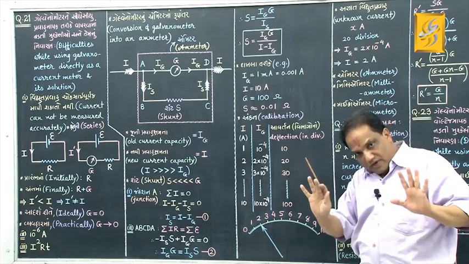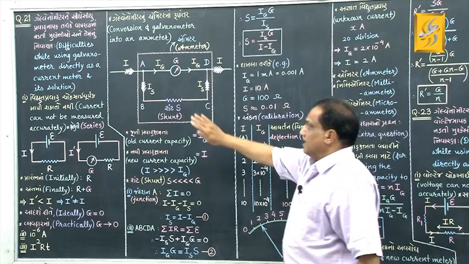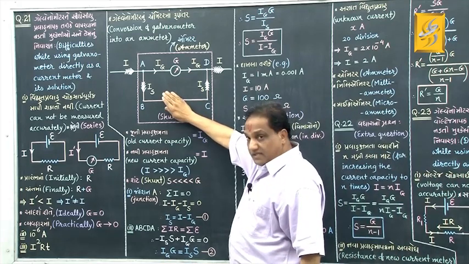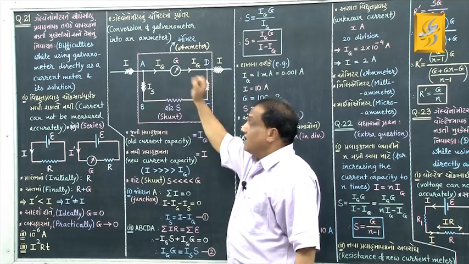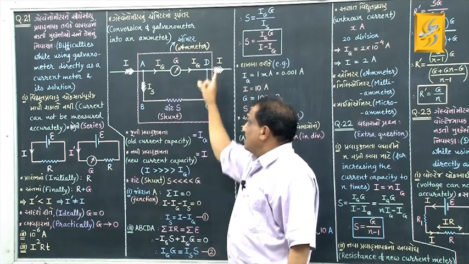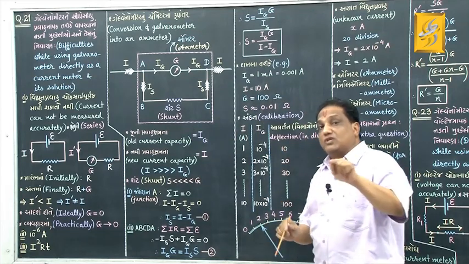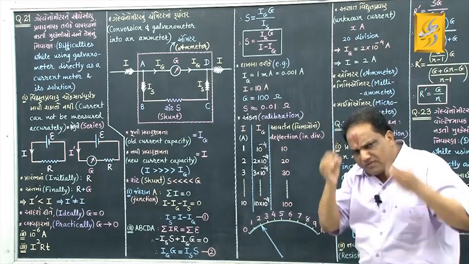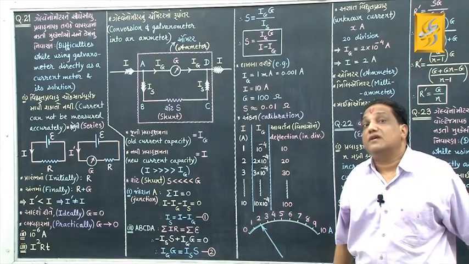Okay, I mean to say, if you don't connect this, then this resistance is 100 ohm. If you connect this, then this parallel combination will have resistance 0.0099, which is very small, nearly zero.